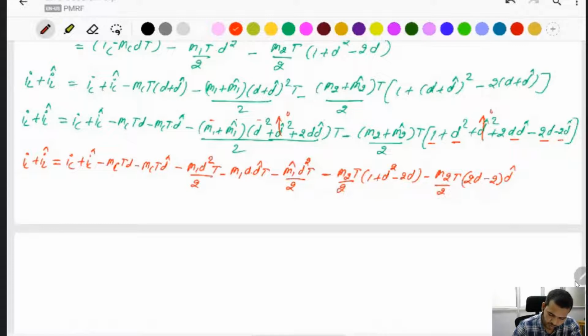M2 cap multiplied the same way here, minus M2 cap divided by 2 (1 plus D square minus 2D), and D cap multiplied by D cap is 0.